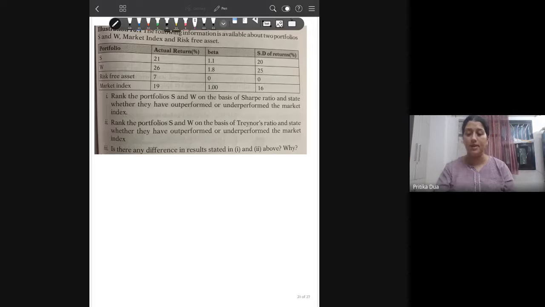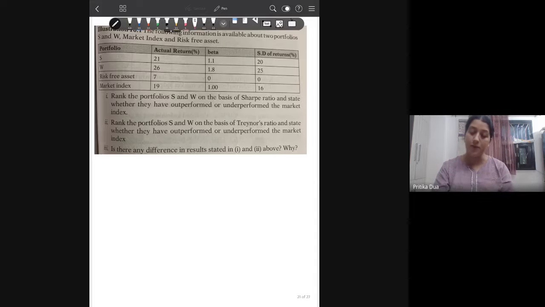The question is there on your screens. So we have two portfolios, S and W, and you are given the market index and the risk free asset, and for all the four you are given the actual return in percentage, beta, that is the systematic risk, and you are also given the standard deviation of the return.